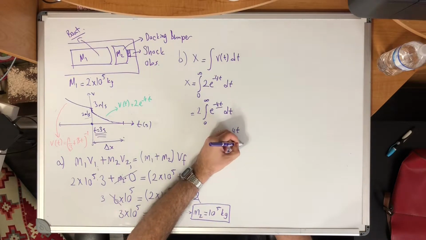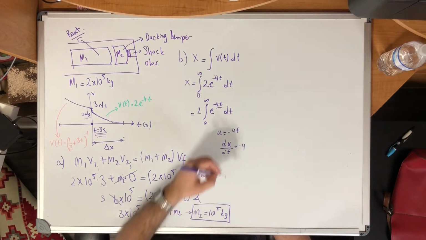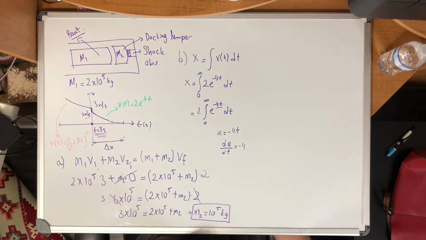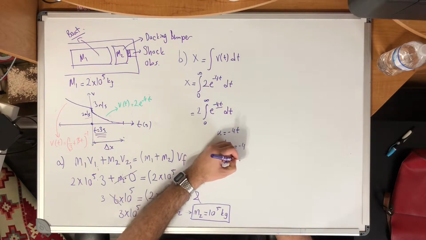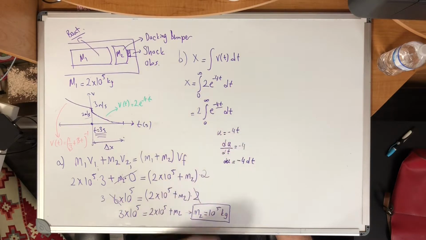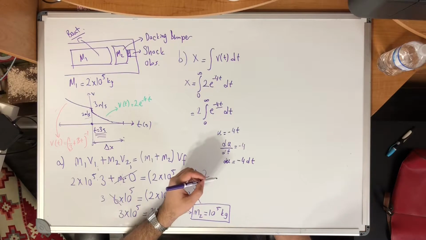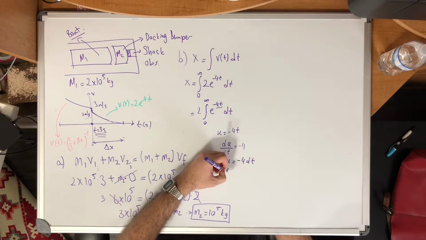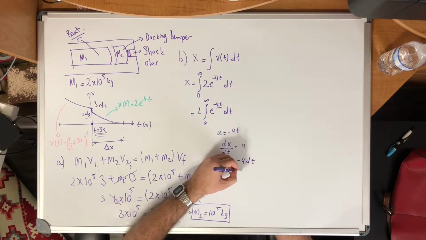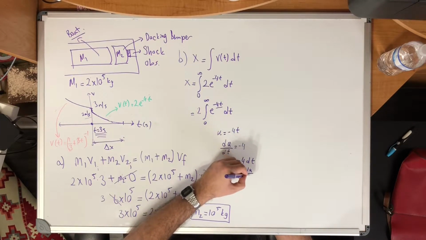It is negative 4. Then what's the relationship between du and dt? du equals negative 4 dt. Or if you would like to write this for dt, your dt will be equal to negative du over 4.